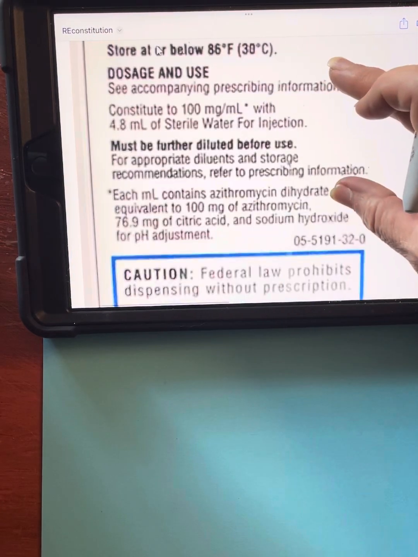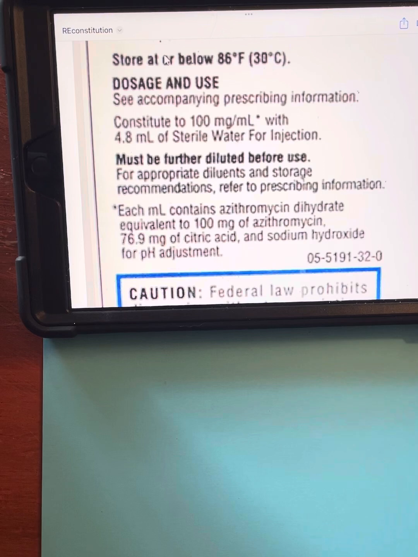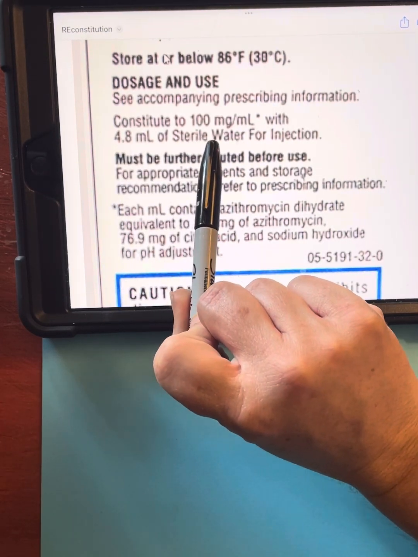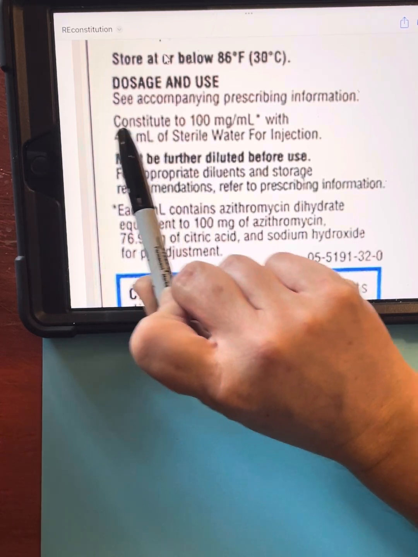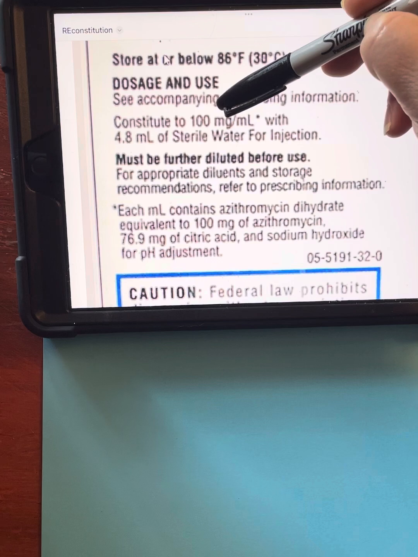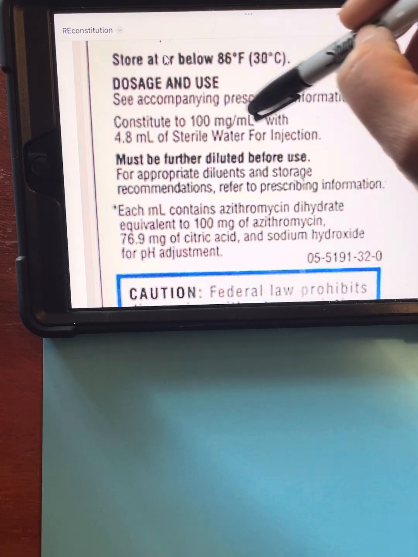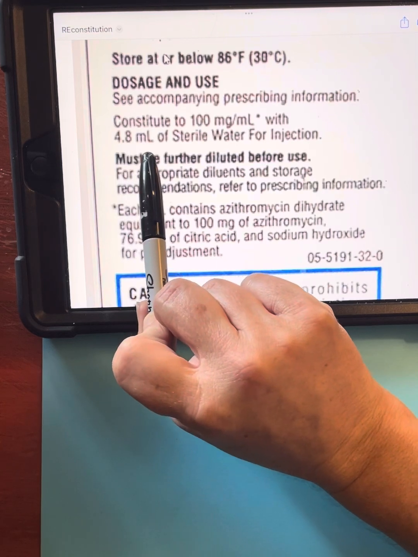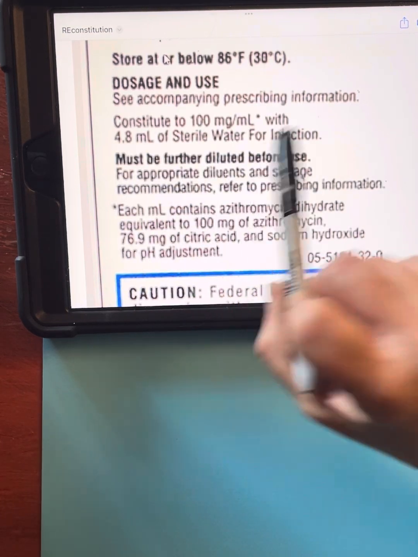And then here are the directions. It says constitute with 100, all right. Well, once you do it, it's going to be constituted to 100 milligrams per milliliter. That's the per we're looking for. But what we got to put in is 4.8 milliliters of sterile water.